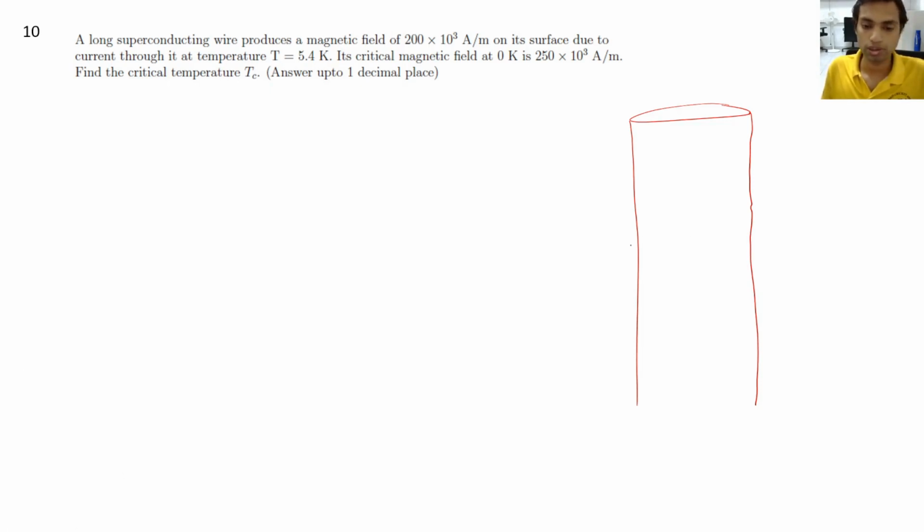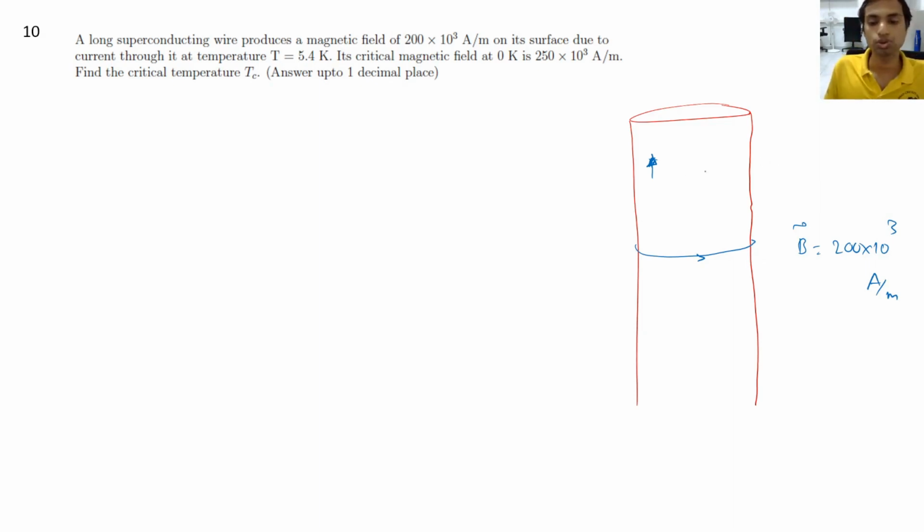It produces a magnetic field. If the current flows in this direction, the magnetic field would be like this in circular. So H is equal to 200 into 10 to the power 3 ampere per meter on its surface due to a current through it.